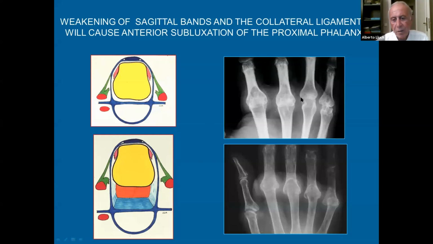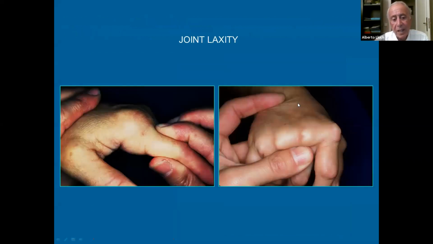And this subluxation, sometimes it's quite visible on the X-rays, but many times it's not visible. But you can explore them, and you can tell if a patient has had a synovitis of the MP joints in the past. You can tell by doing drawer signs, as in the knee. You can see the stability.